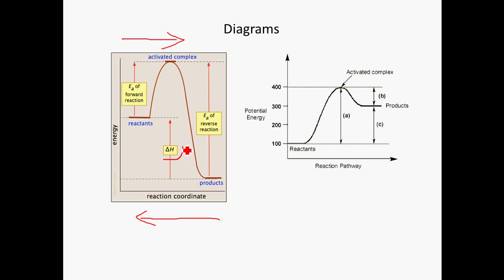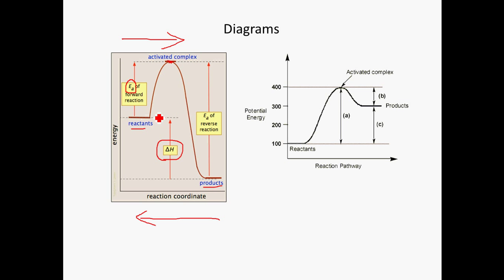Our delta H, same way that we did in our unit 2, is the difference between our reactants and our products in terms of potential energy. We talked about the activated complex of our forward reaction. EA is a short form for activation energy. The activated complex is right here, right at the very tip of our hump.